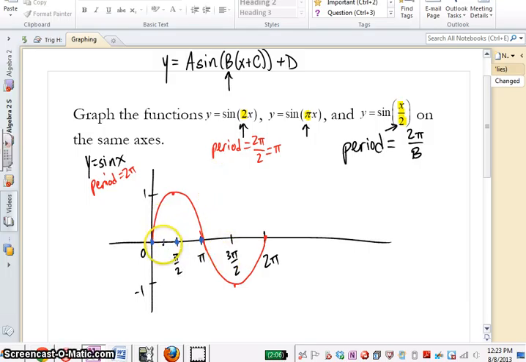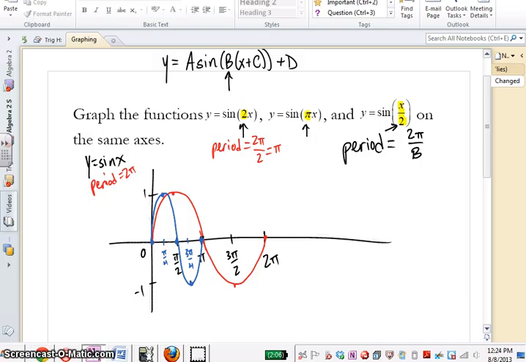Halfway in between those, pi over 4 and 3 pi over 4 will be the high and low points from the sine graph. We can connect dots, and you can see that what we've done is taken the red graph and squished it by a factor of 2, so it's actually half as big as it was.